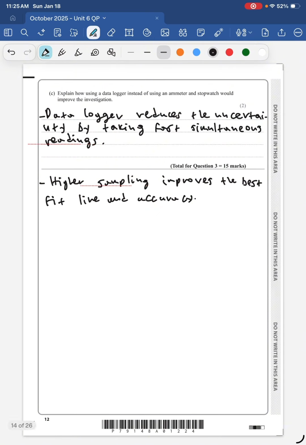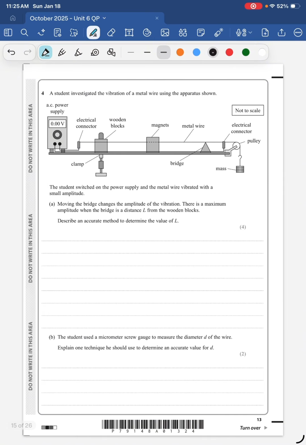Okay, so let's move on to question 4, which I believe is the final one, because this is what Unit 6 tests look like. A student investigated the vibration of a metal wire using the apparatus shown. We have an AC power supply, an electrical connector, wooden blocks, magnets, a wire, and so on. The student switched on the power supply and the metal wire vibrated with a small amplitude.